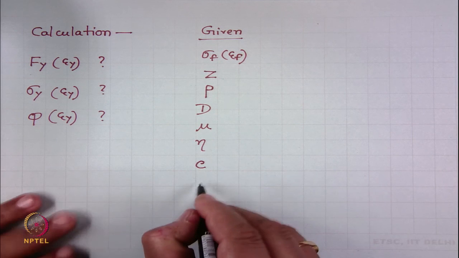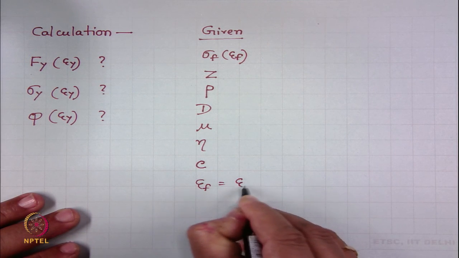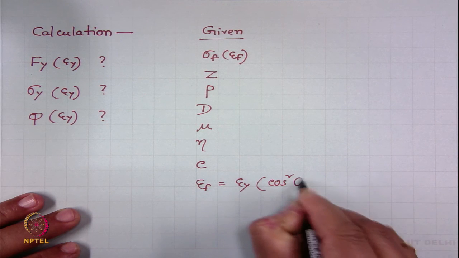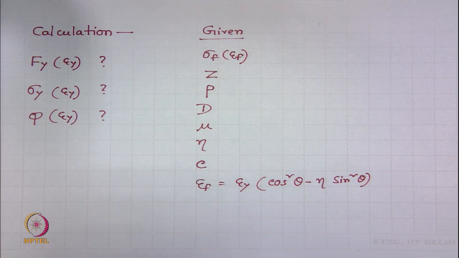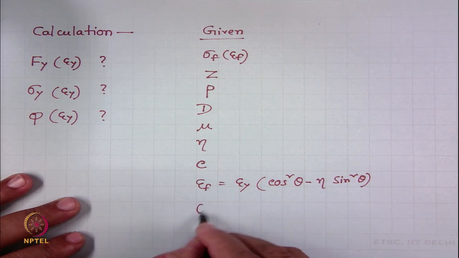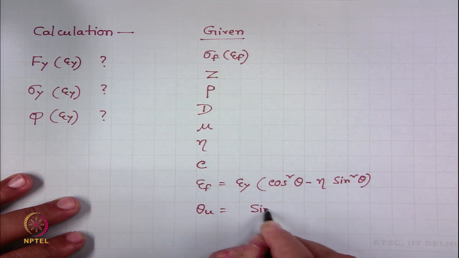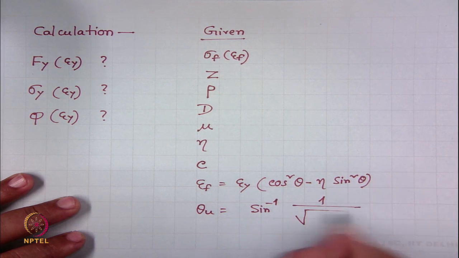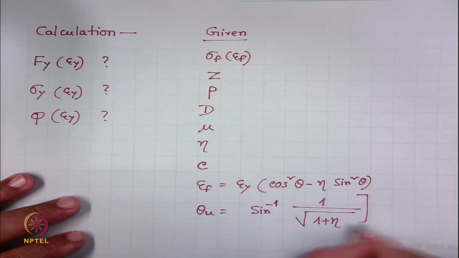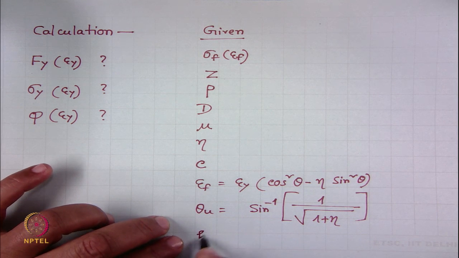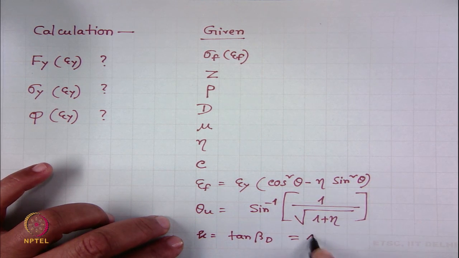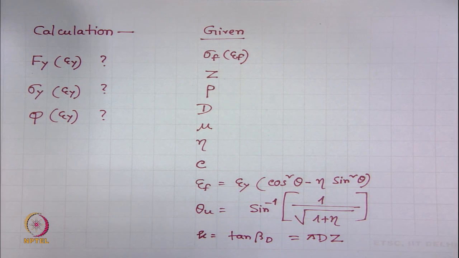One is this quantity, second you must know this, third you must know kappa tangent of beta d pi dz.